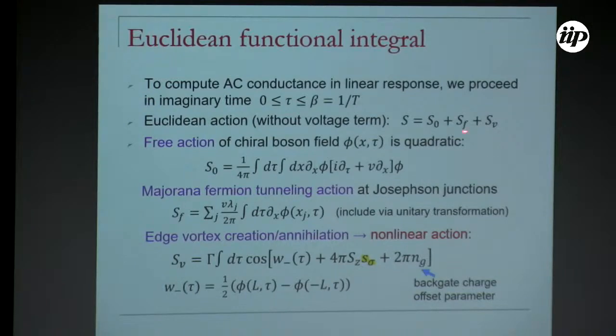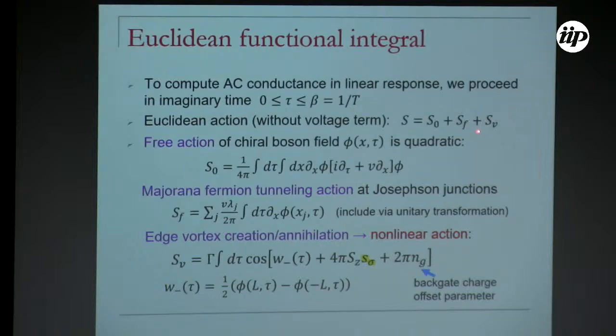The Euclidean action has 3 pieces. S0 is the free action. So in the absence of the junctions, that's the free action of a chiral boson field phi of x and tau. And that's quadratic and well known. And if you look at the equations of motion generated by this action, you see it's really a right-moving boson field, as it should.